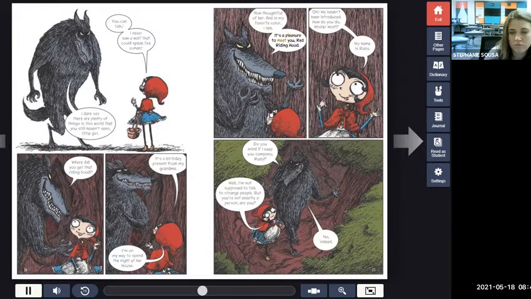It's a pleasure to meet you, Red Riding Hood. Oh, we haven't been introduced. How do you do, Mr. Wolf? My name is Ruby. Do you mind if I keep you company, Ruby? Well, I'm not supposed to talk to strange people, but you're not exactly a person, are you? No, indeed.